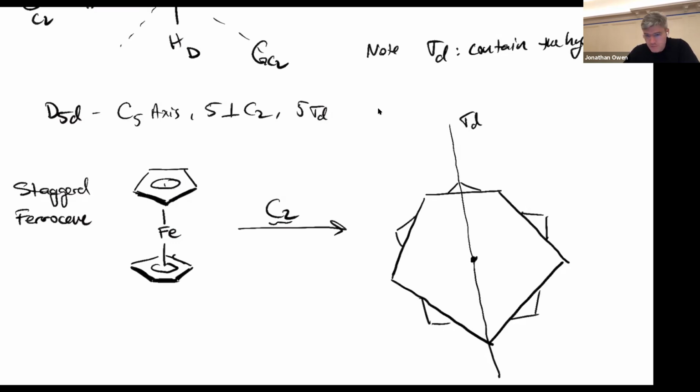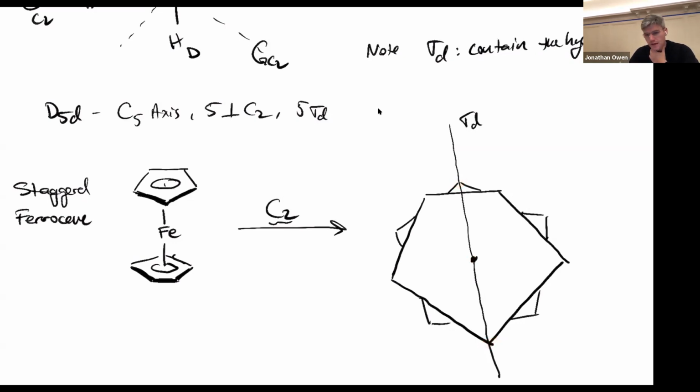All right, how about perpendicular C2s? Perpendicular C2s, they're going to go orthogonal or perpendicular to the principal axis. The principal axis, of course, is right in and out of the page. So these perpendicular C2s are going to run through the iron center, and they are going to send, for example, this carbon here to this carbon's position.